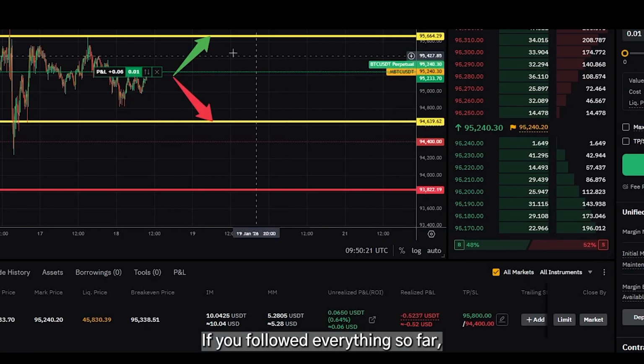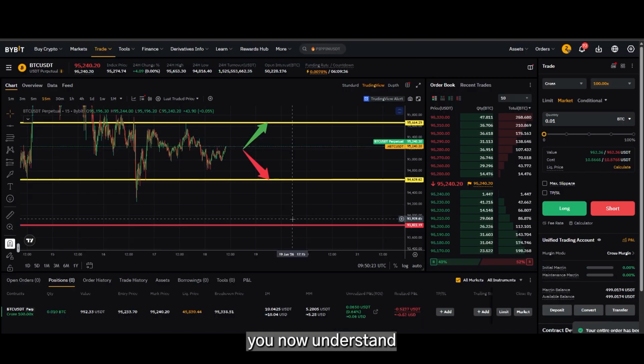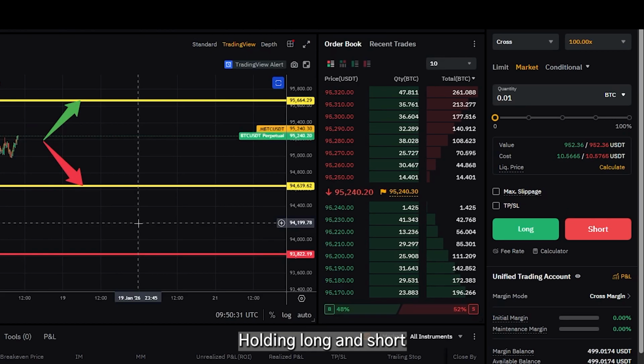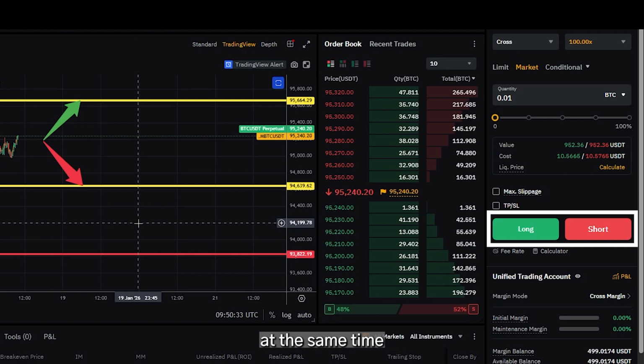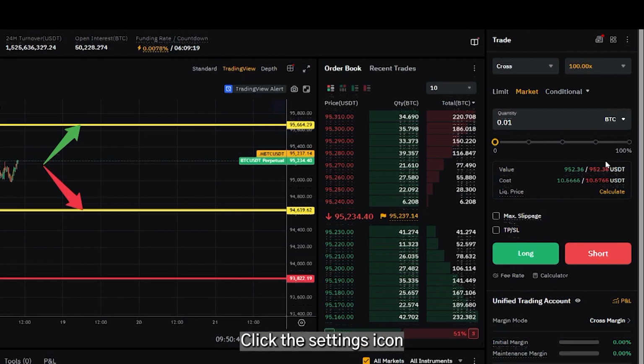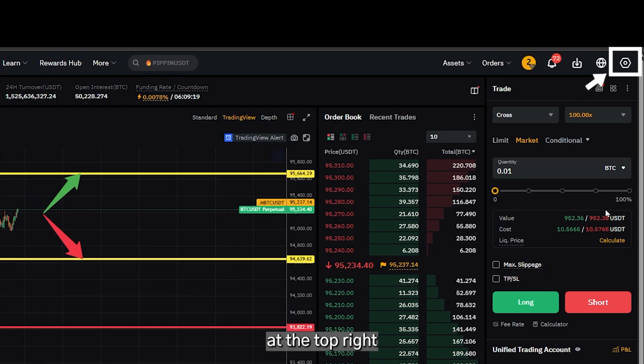If you followed everything so far, you now understand the full flow of futures trading. Now let's talk about something only experienced traders use: holding long and short at the same time. This is actually easier than it sounds. You just change one setting. Click the settings icon at the top right.